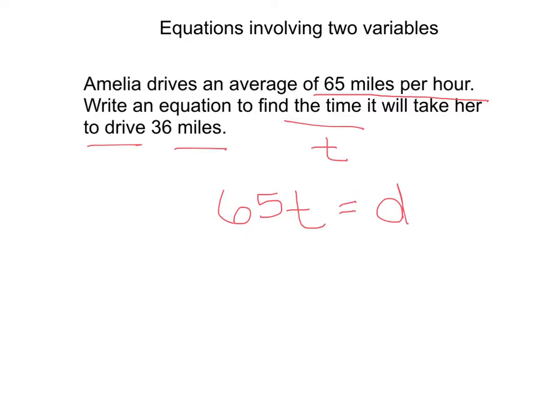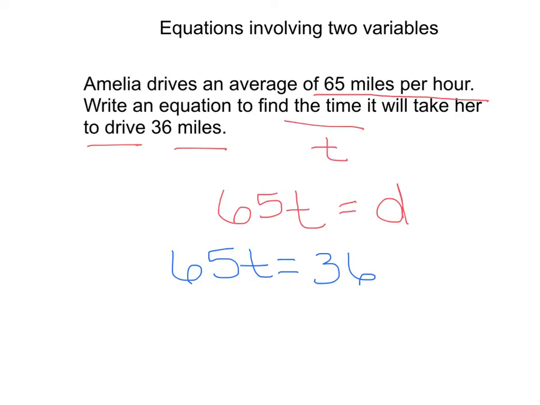So now we have an equation that has two variables, and we are able to solve because we are able to replace one of the variables with a number. And so we are able to say 65t equals 36 miles. So if she can drive 65 miles per hour, how long will it take her to drive 36 miles?